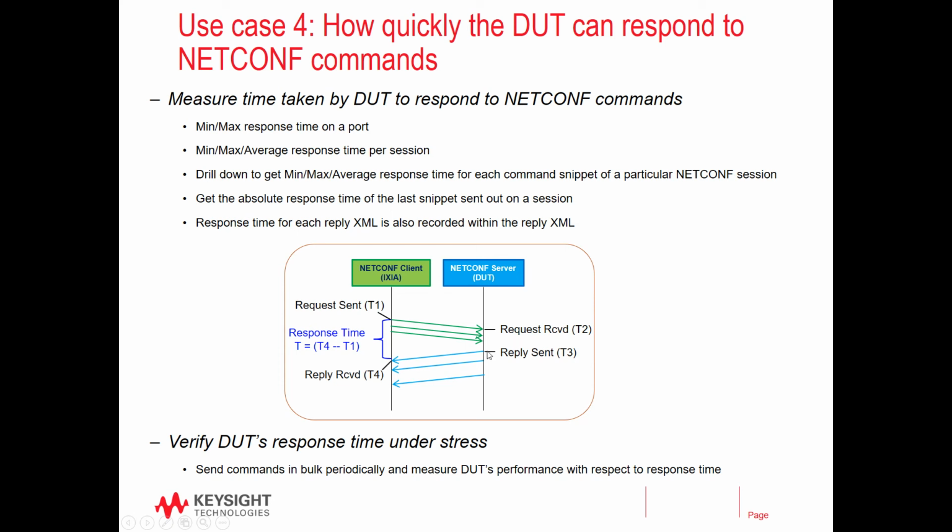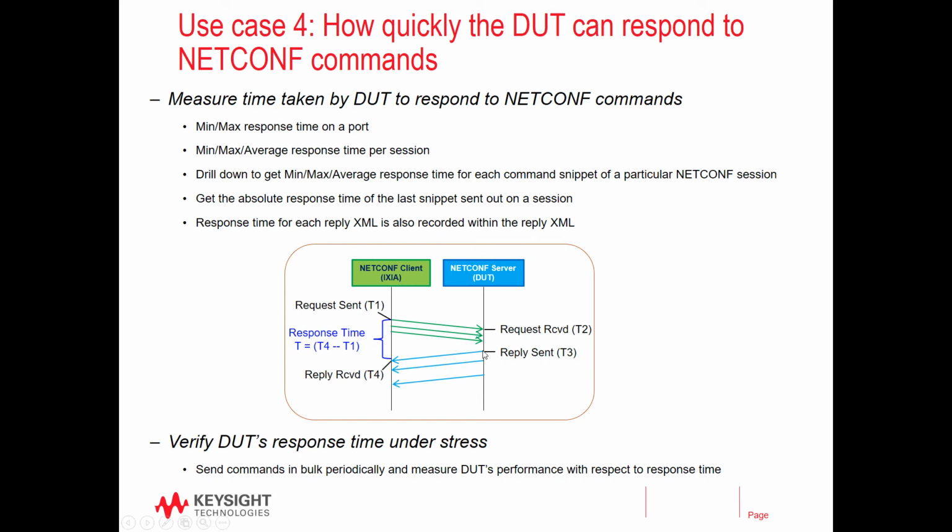You can see this block diagram, a time block diagram. The left hand side is the NetConf client, the green one, and the right hand side is the NetConf server, the DUT. We send a request at timestamp t1 that is received at the DUT at t2, and then the DUT sends the response to that request at t3, and that response is received on the IxNetwork side at t4.